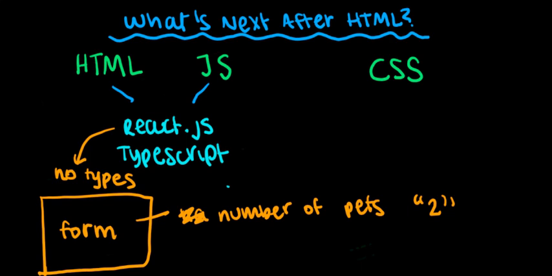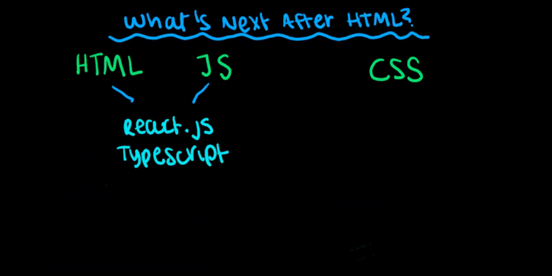But maybe that doesn't work, or maybe there's some sort of hack, or maybe there might just be some sort of difficulty. But React can't catch if you pass in a string or an integer, it'll just throw an error. But TypeScript allows you to have a distinct type so that you know exactly what you're dealing with in each method. And this just makes it more error proof. And of course, you can use these two together.